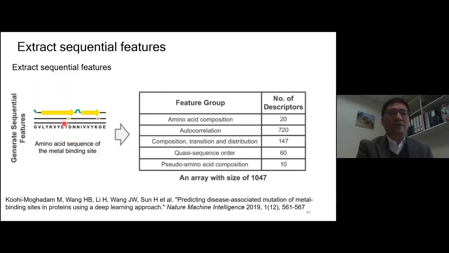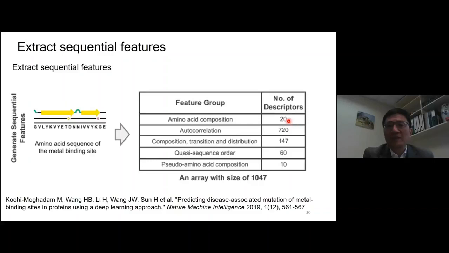For example, we use zinc because zinc is very important for all of us, from DNA replication to certain critical enzyme functions in the human body. So we use the zinc binding sites of a variety of proteins as an example to show how we can predict potential disease-associated mutations. For our feature groups, for example, we know the amino acid composition, and we do the auto-correlation, the sequence order and CTD amino acid compositions and so on.